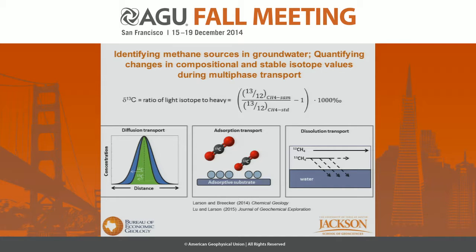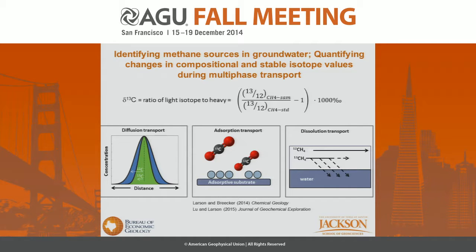The adsorption transport process is something I've worked on for the past couple of years. We have a paper that came out earlier this year looking at CO2 adsorption isotope effects, and another paper that's coming out in January looking at methane adsorption isotope effects. These effects are a lot more complicated than diffusion effects, but essentially either the C13 or the C12 enriched methane is going to have a differential adsorption preference, and so that again can cause a fractionation during transport.